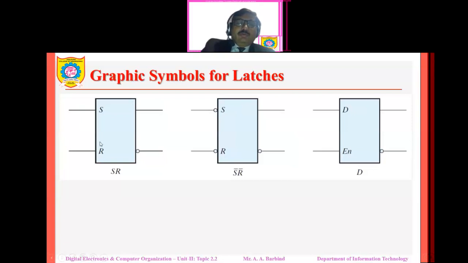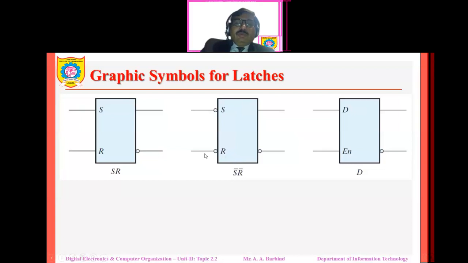Now the symbols for the latches. This is the symbol for the SR latch, where S and R are active high inputs, whereas these are the outputs Q and Q bar. This is the symbol for the SR latch with S and R to be active low.